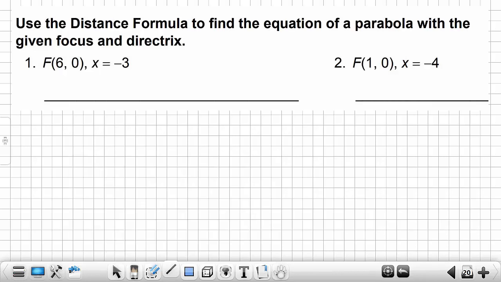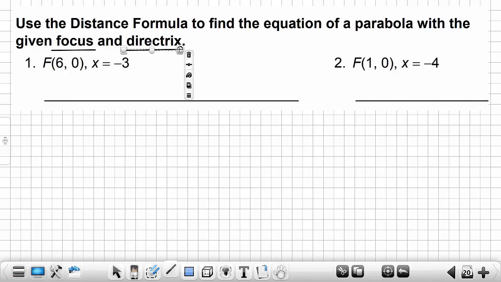Guys, the first thing I do with these, whether or not you want to, I'm not looking for perfection. I make a quick sketch of what they give me, and so much information is given immediately from it. The focus is (6, 0), and the directrix is x equals -3.